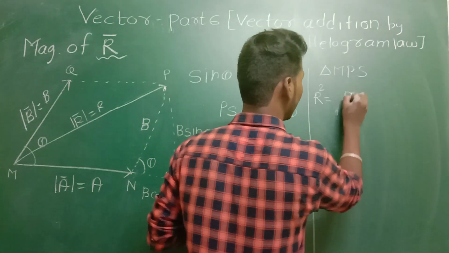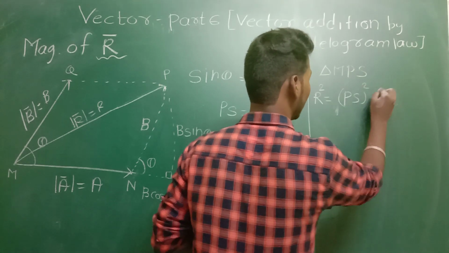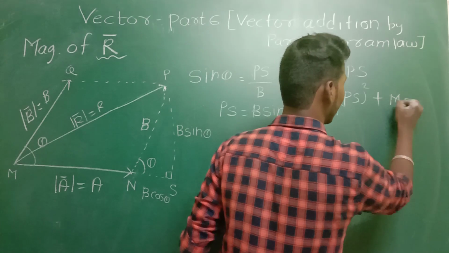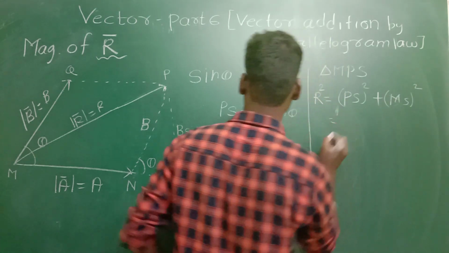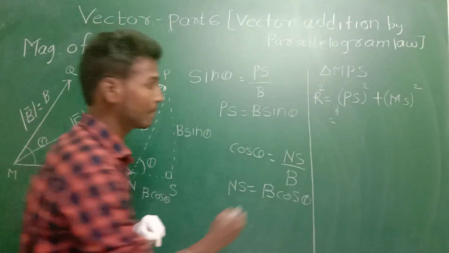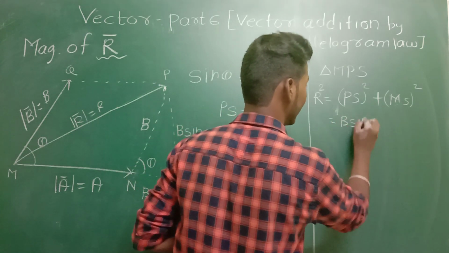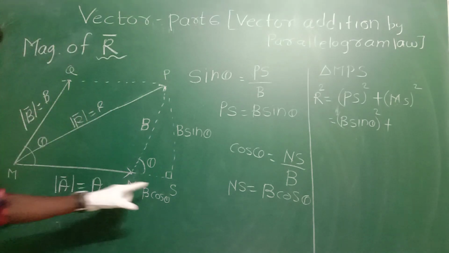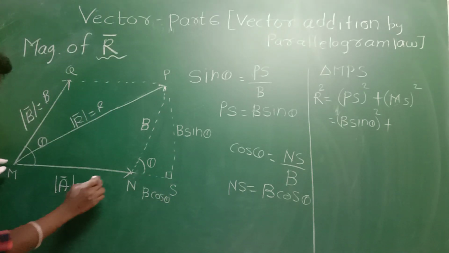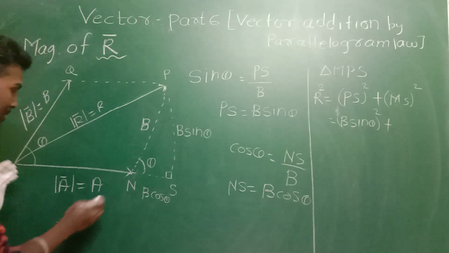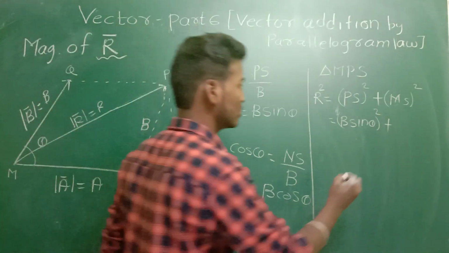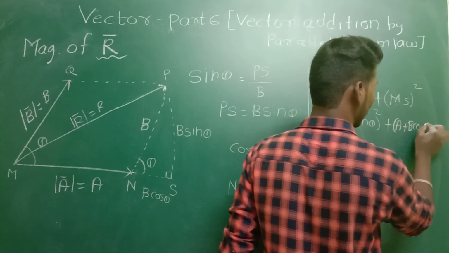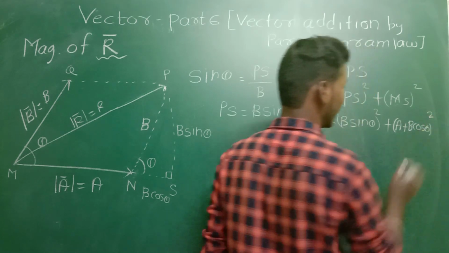That means PS whole square plus MS whole square. PS has value of B sin theta. So (B sin theta) whole square plus MS, which is nothing but MN plus NS, that means A plus B cos theta, so (A plus B cos theta) whole square.